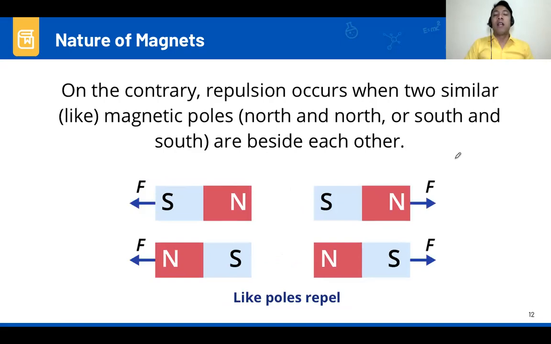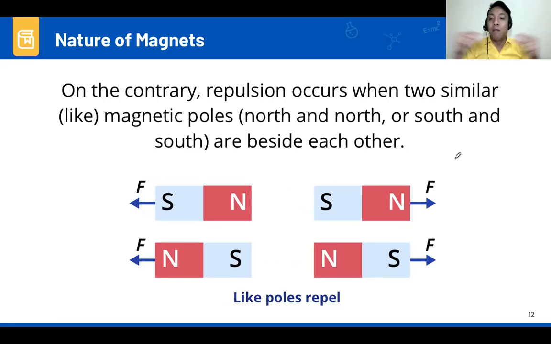On the contrary, of course, we have the word repulsion, or repel. Repulsion occurs when two similar magnetic poles, north and north, south and south, are beside each other. If we try to put north and north together, we cannot, because they are the same. They will just repel.